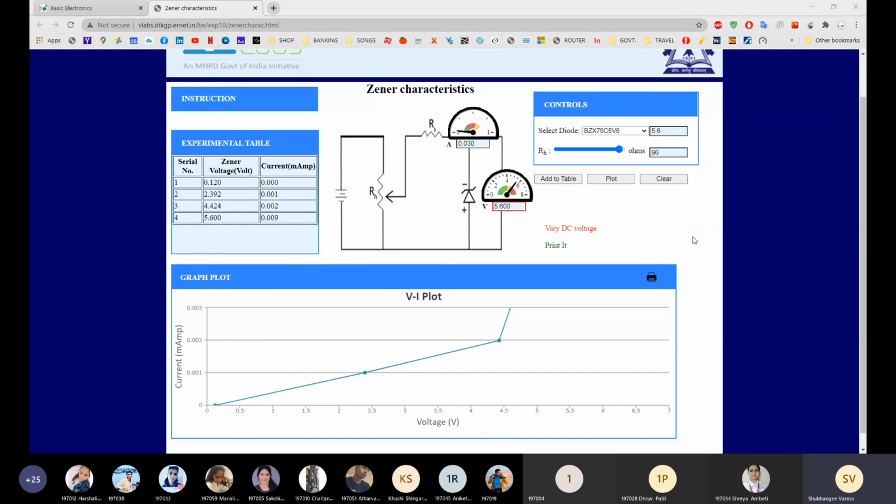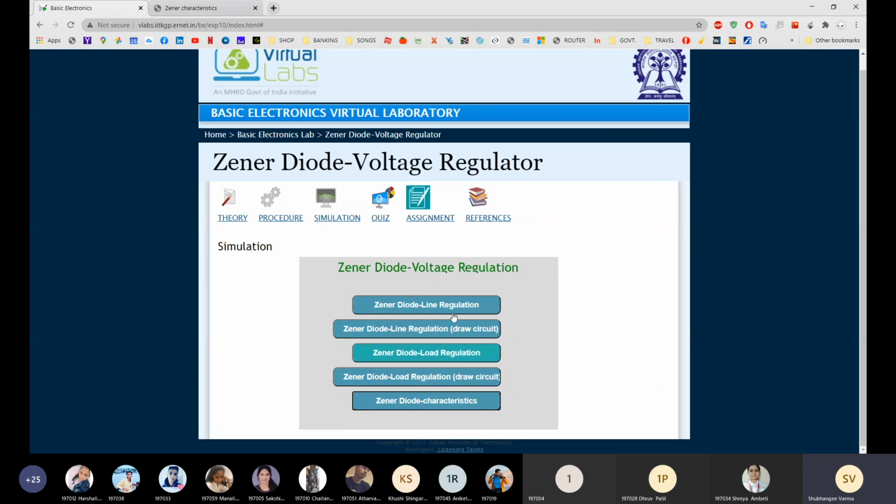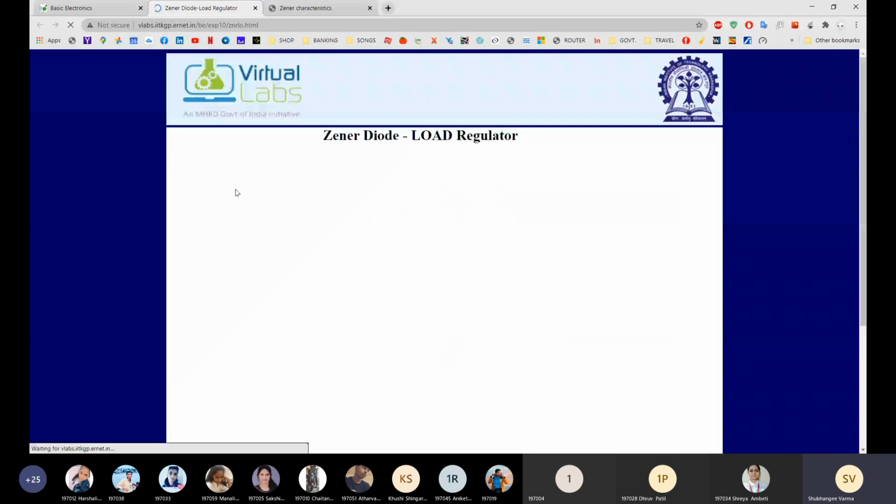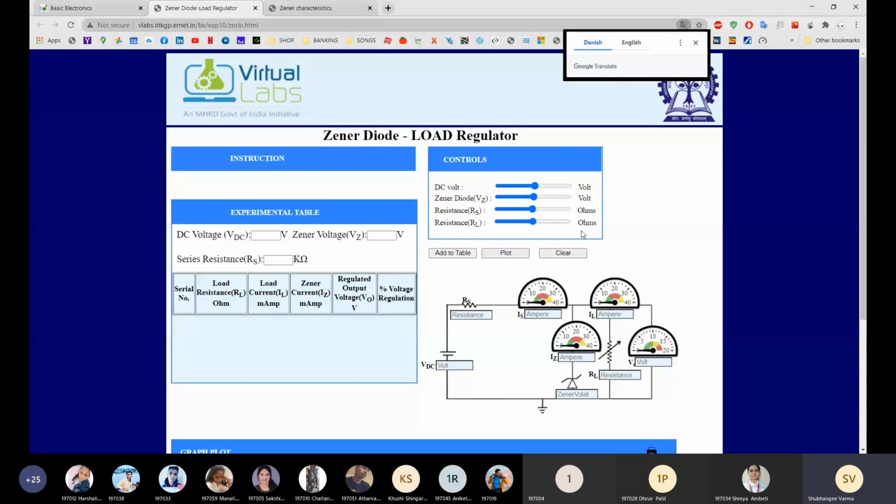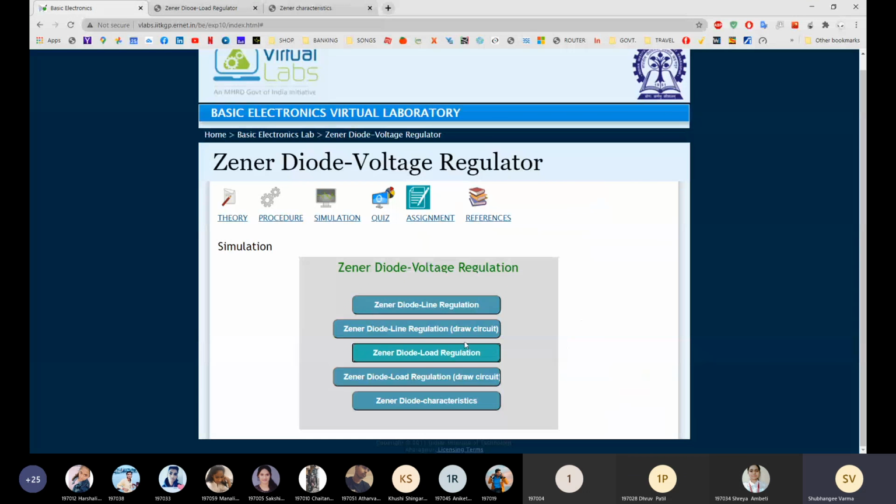So tomorrow we are going to perform the experiment of this, and we are going to calculate load and line regulation. I have shared the link in chat box. Go through that and read the theory. Also if you want you can try out this. Tomorrow also we are going to try, but those who want to try they can try.